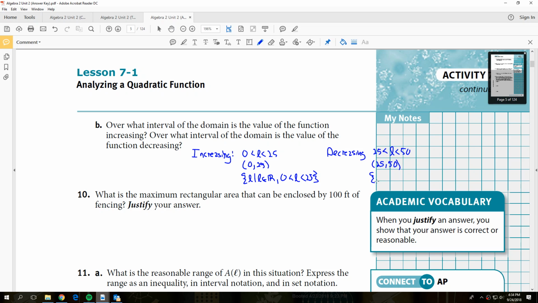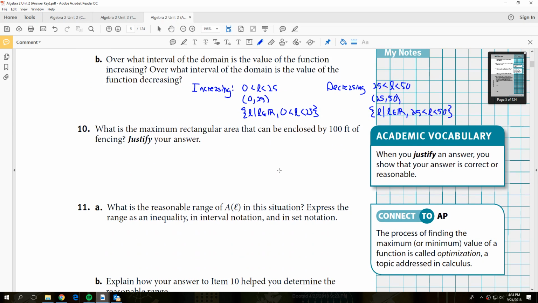Then the set of L such that L is an element of all the real numbers, and L is between 25 and 50. And close your set.